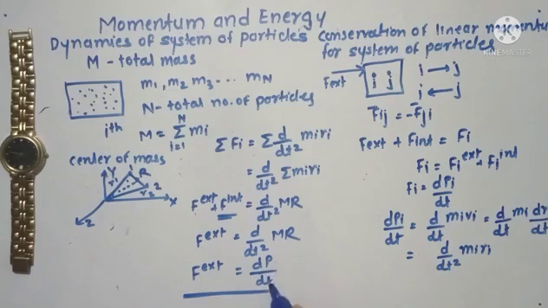When this dp upon dt is 0, it means that p is constant and the linear momentum of the system of particles is constant. So the law of conservation of linear momentum says that when the external force applied on a system of particles is 0, then linear momentum is conserved.